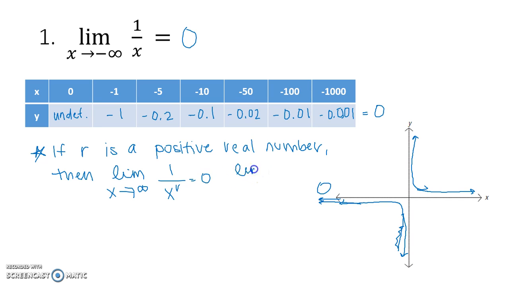This same is true if you do your limit as x approaches negative infinity. So basically, anytime I have 1 over x to some exponent, simplified, in that denominator, then I'm going to have 0 as my limit.